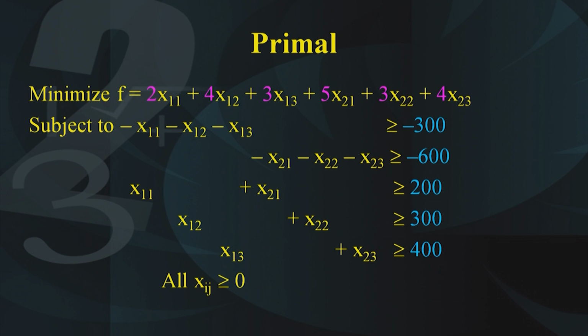Remember, for a maximization objective, we must have less than or equal to constraints, and for the minimization type, we must have greater than or equal to constraints. So, here is the minimization objective function. Therefore, all the constraints should be in the greater than or equal to type, and that is what we have done. So, the first two constraints have been converted into the greater than or equal to type, and now all the 5 constraints are in the greater than or equal to type. This is a standard form of the primal.